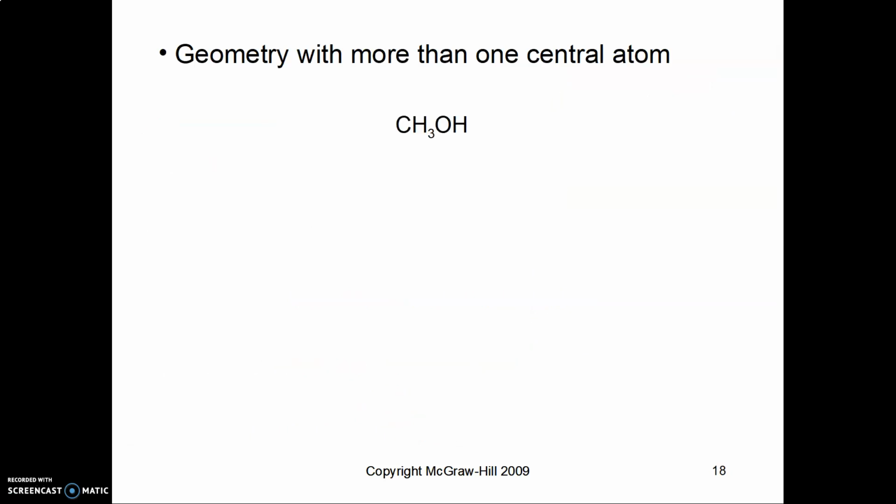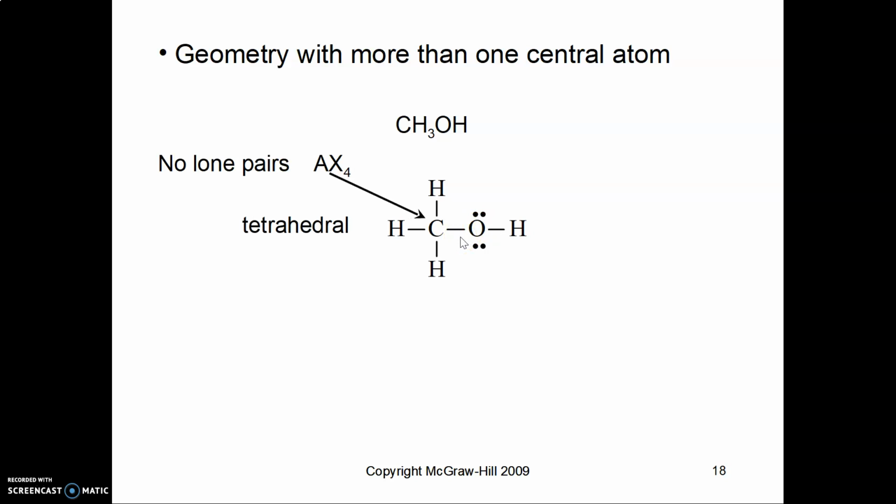So, I'll show you this in the last minute and a half here. So if we have an atom, so this is methanol, all right? If we have 2 central atoms, what do we do? Well, we treat it like anybody else, okay? So it's tetrahedral, and this is tetrahedral, but it has 2 lone pairs, so it's bent.